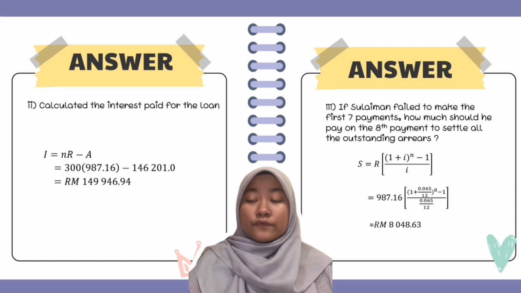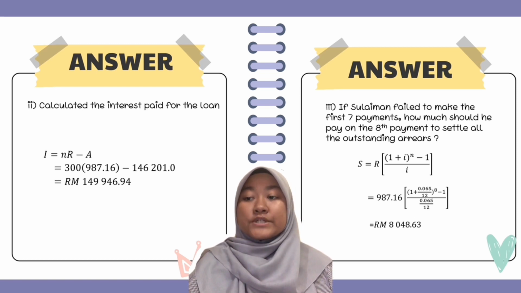For question 3, if Sulaiman failed to make the first 7 payments, how much should he pay on the 8th payment to settle all the outstanding arrears?